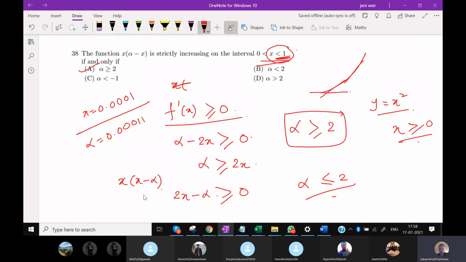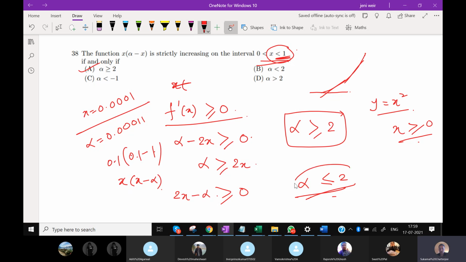for now you put any value of alpha and check. So if x is, let's say, 0.1 and this is 0.1 minus 1. If I put this value now, x minus alpha, this becomes negative. Clear?